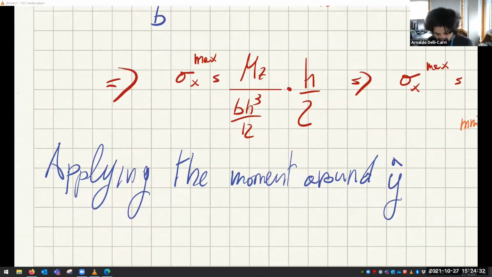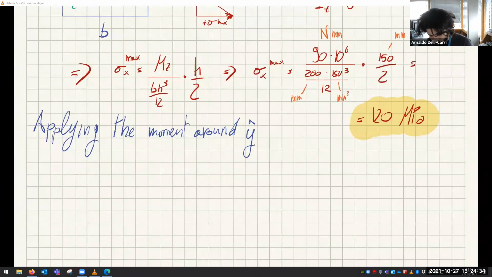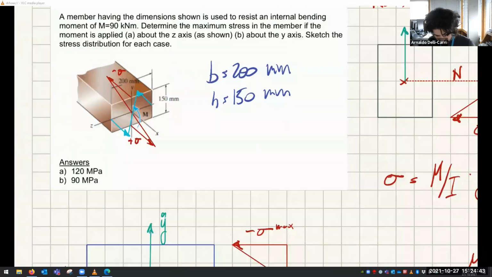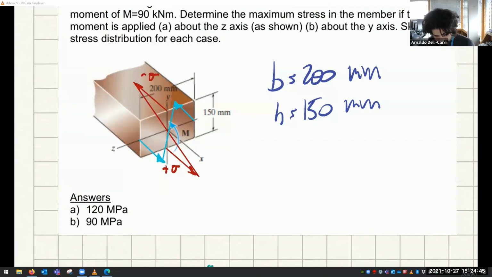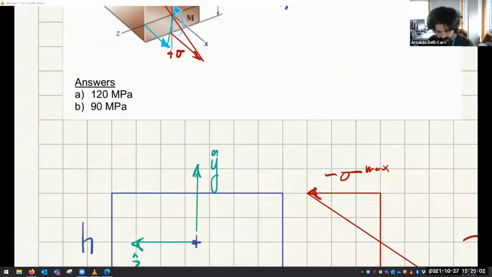And so I can just change everything around, I can just swap everything. So sigma x max, look, sigma is still in direction x. So the stress doesn't change direction. The direction of the stress is always the same. Now we just have this side in tension and this side in compression, as opposed to this side in tension and this side in compression that we had earlier.